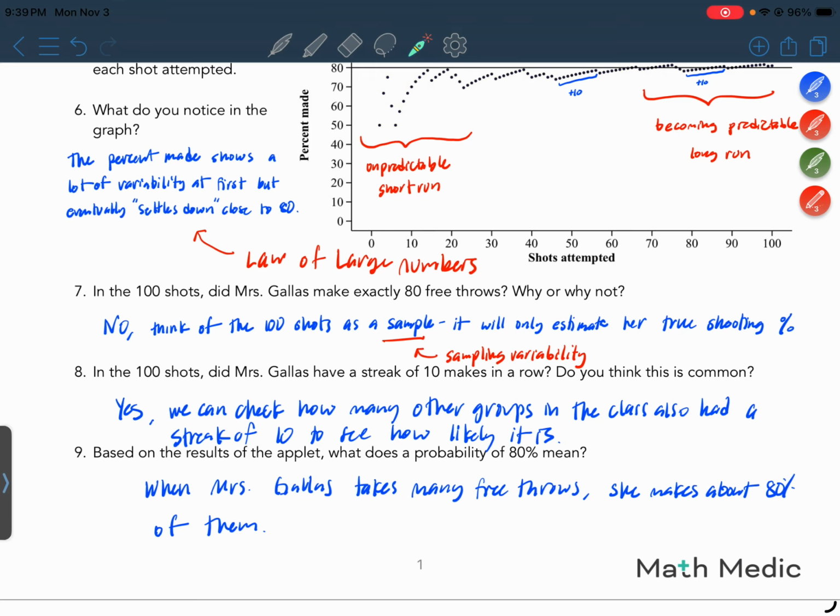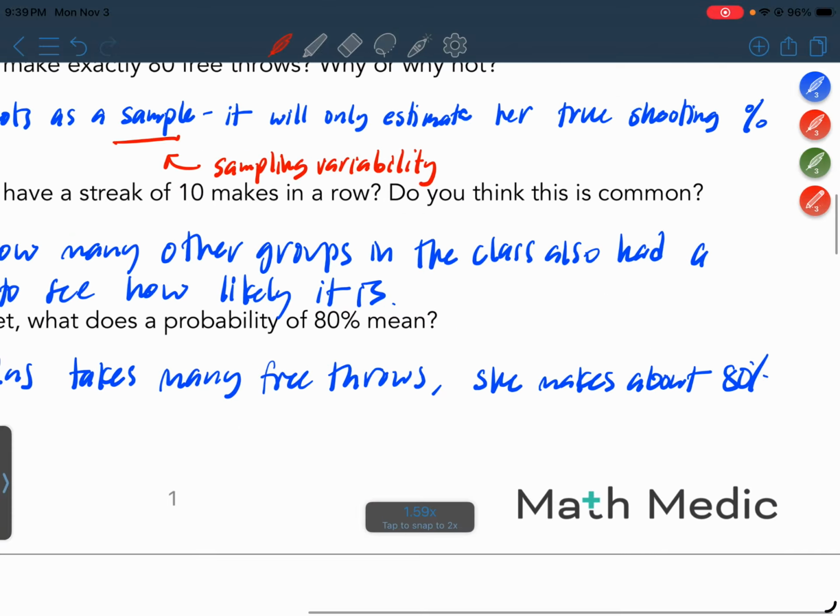If you want to, raise your hand right now if your group had a streak of 10 in your simulation. The more hands that are up, the more likely that is. The fewer hands that are up, the less likely it is. If you want to know, it should happen about 93% of the time, which is kind of surprising.